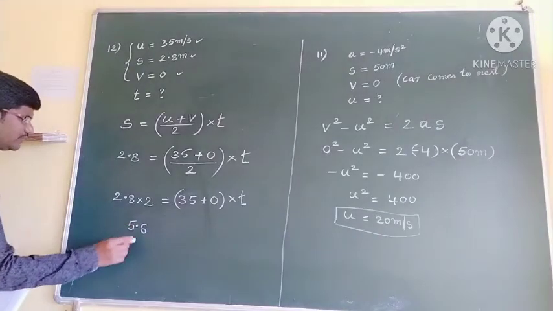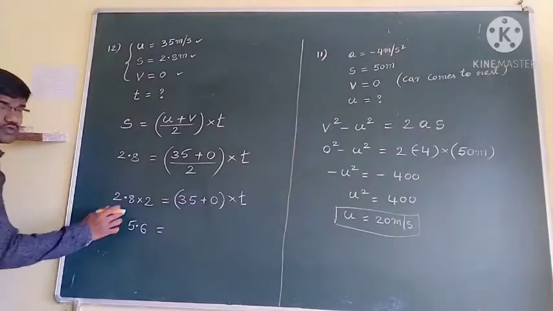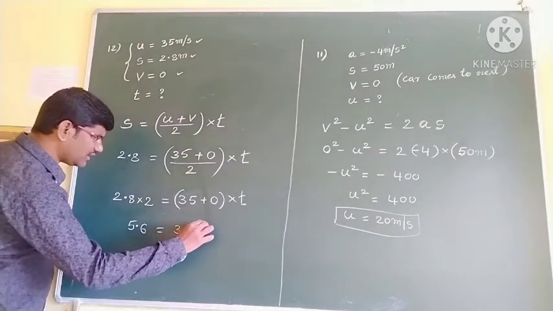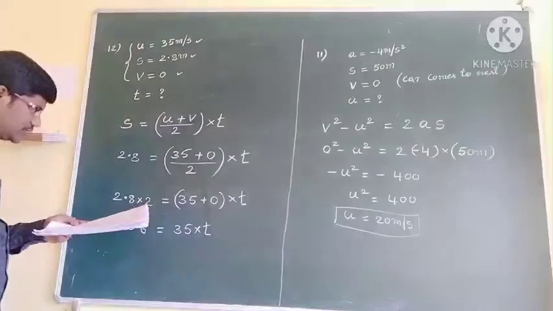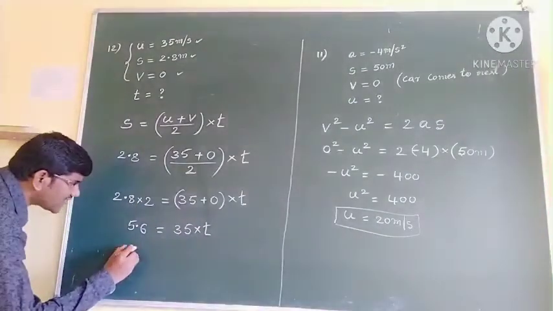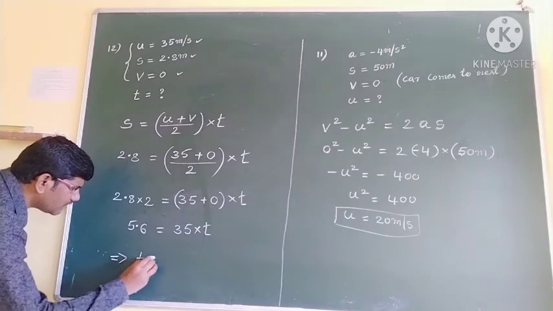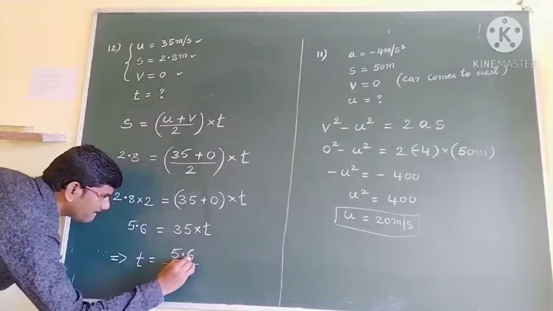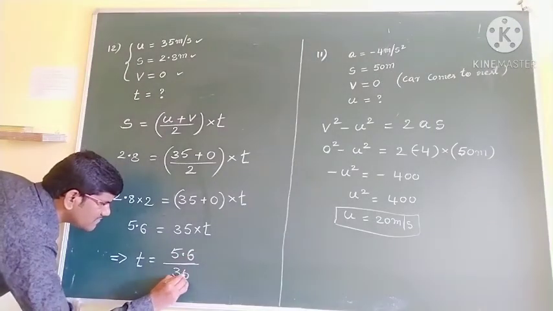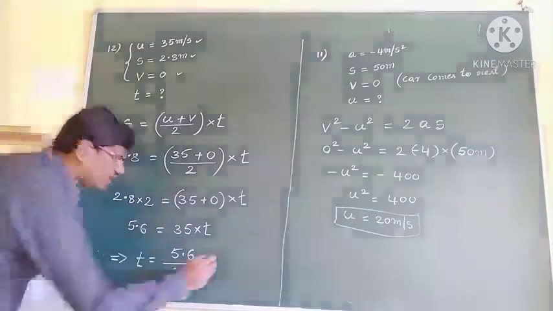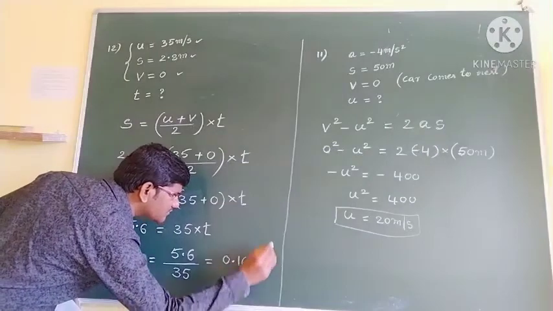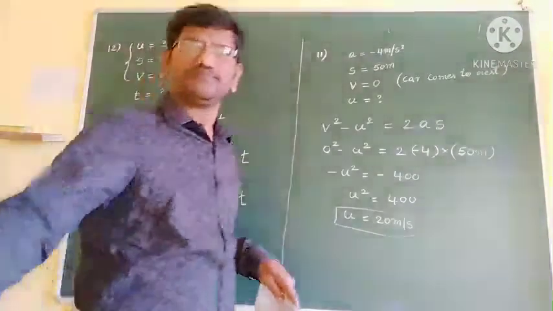So what will you get? 2.8 into 2 is 5.6, and here 35 into t we have. So then the time value, you just calculate. t is equal to, make t subject, then 5.6 by 35, then the t value you will get is 0.16 seconds. So that is the given answer.